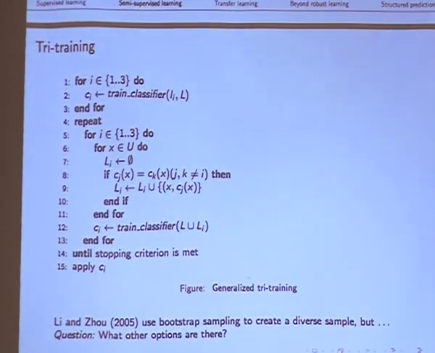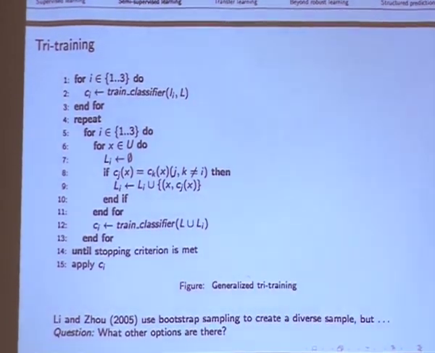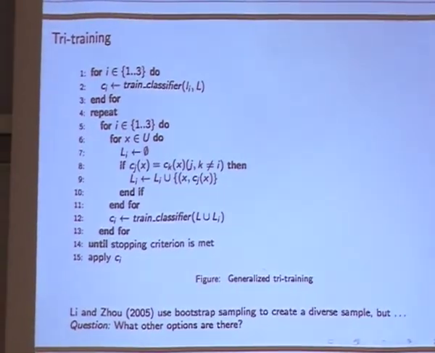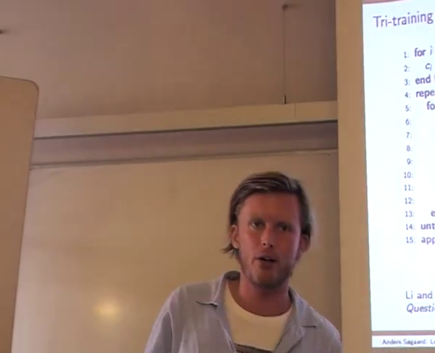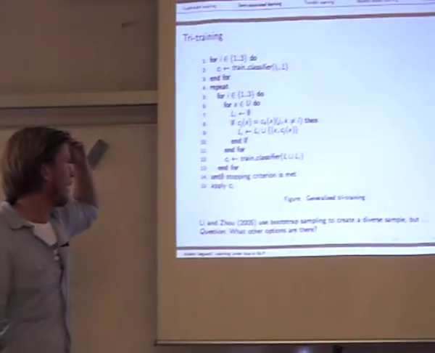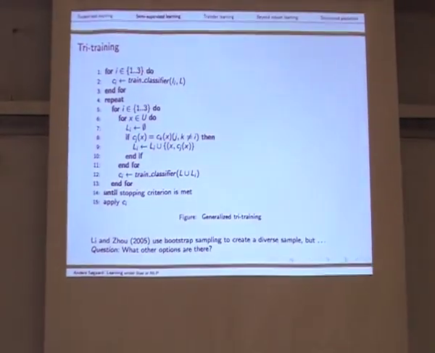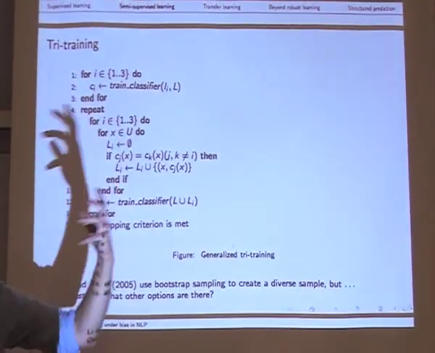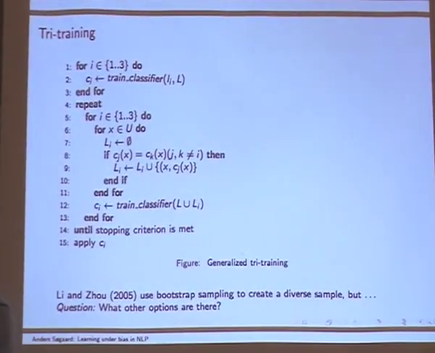Okay, another recently proposed and, I guess to some extent, widely used semi-supervised learning algorithm in the NLP community is tri-training. Now, tri-training is really a very simple extension of co-training, removing a parameter.